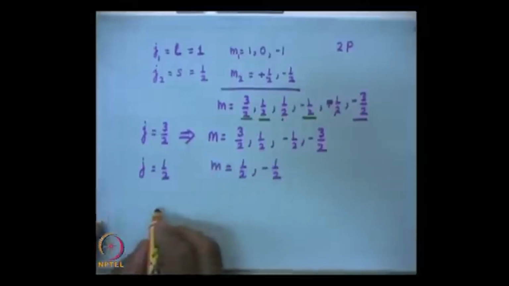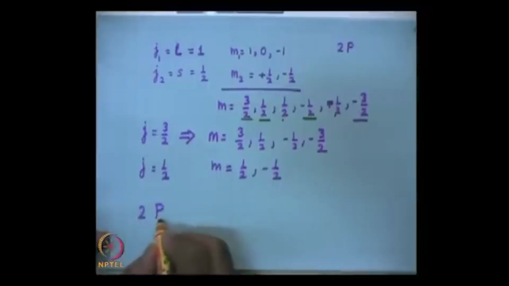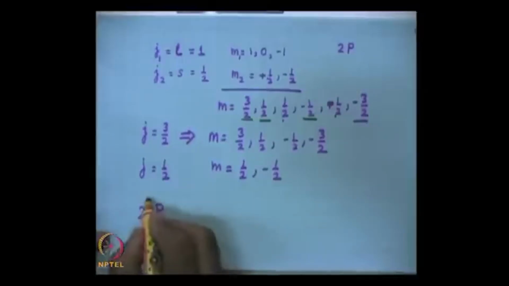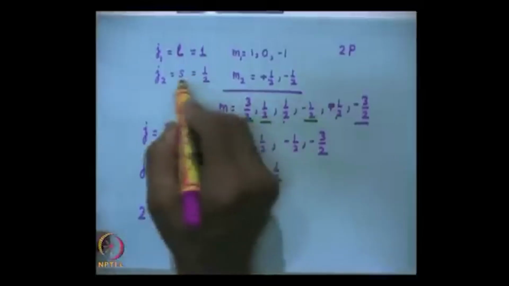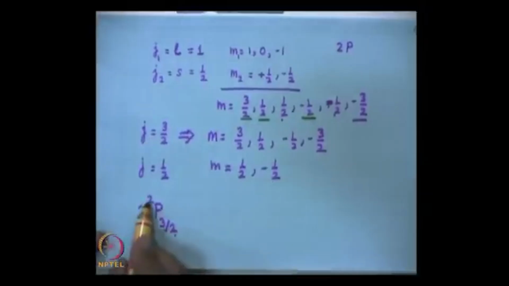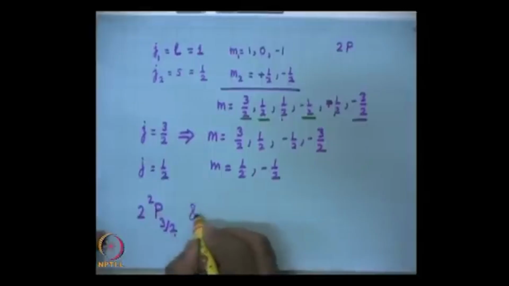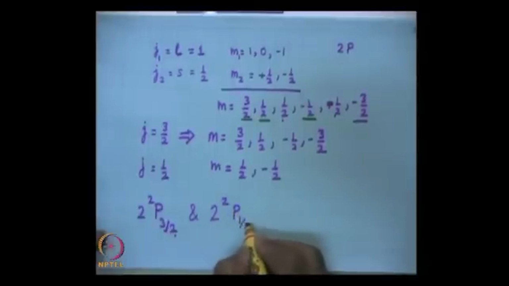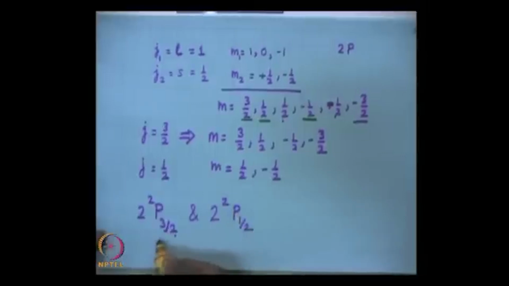So, you have two states, 2p, this is the total angular momentum 3 by 2, and it is a doublet because the s is equal to half. So, 2s plus 1 is 2, this is the 2s plus 1 and this is the L value, and 2 doublet p half. So, these are the j values, j is equal to 3 by 2 and j is equal to half.